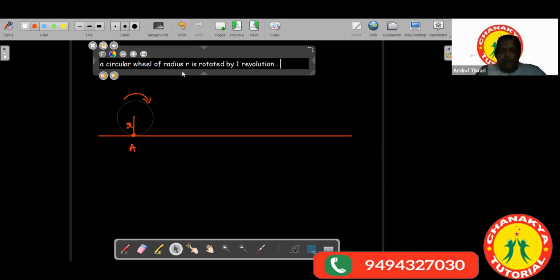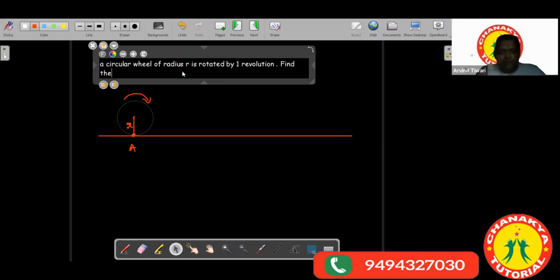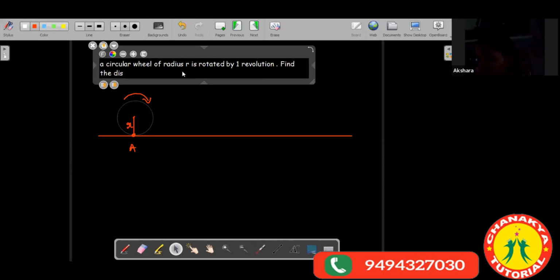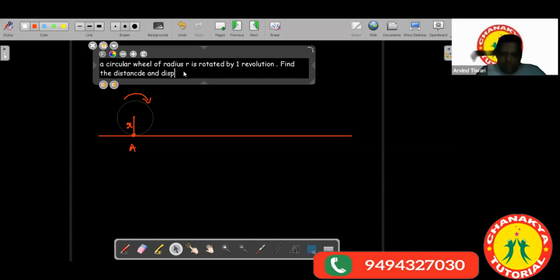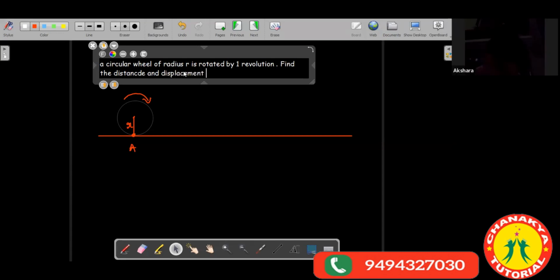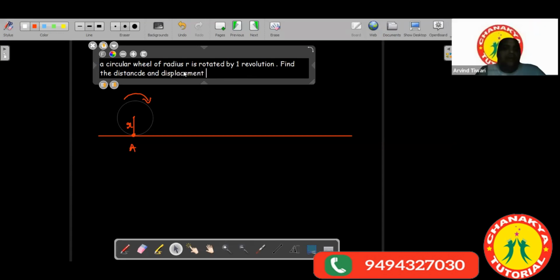We have to find the distance and displacement of the point of contact.